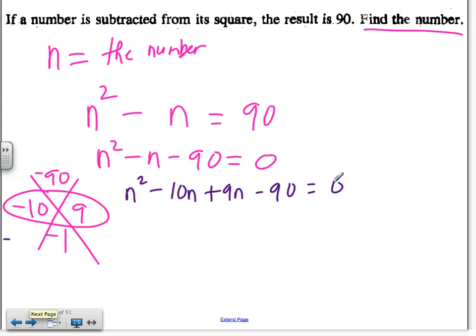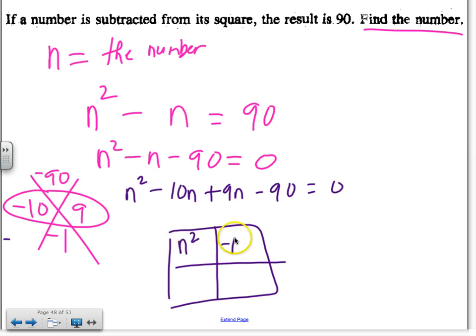I have 4 terms. What do I do with the 4 terms? I can box it, right? So here's my box. I have n squared minus 10n plus 9n minus 90. Can I take anything else out? n. Okay. What about the bottom? 9. The top? n. Negative 10.